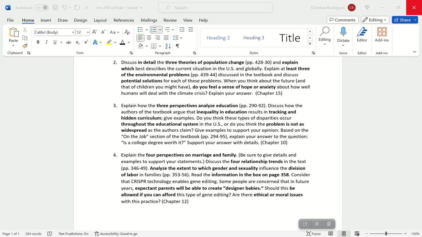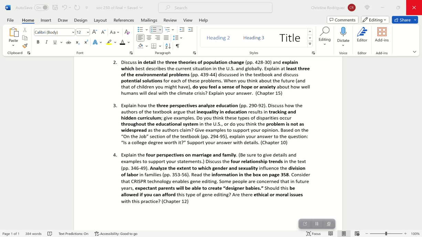the 3 perspectives, remember that the functionalist perspective is looking at the positive functional things we get from education. Conflict theory, of course, is going to look at how power and resources and who controls those influences education or impacts education.